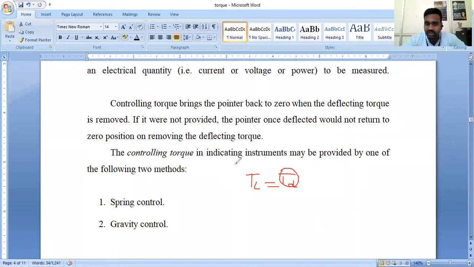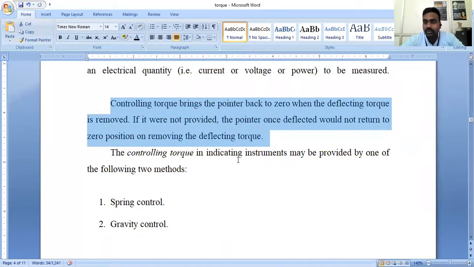Then the needle has to be brought back at that particular instant of time. Whenever there is no deflection torque, the controlling torque has to bring back the needle to its original position, that is the 0th position.